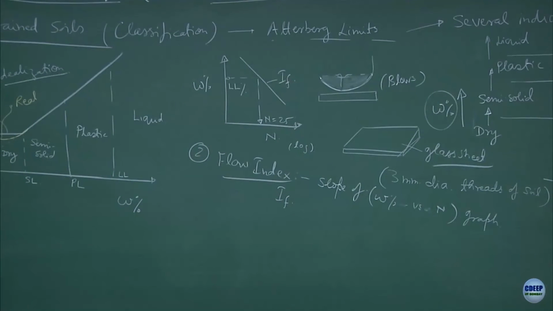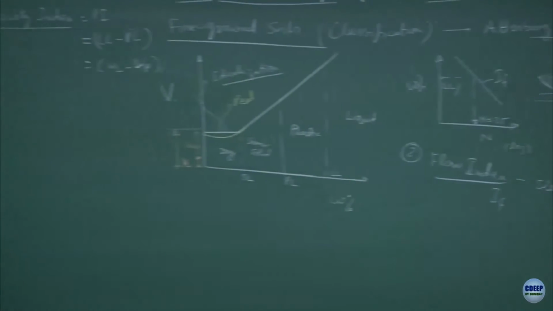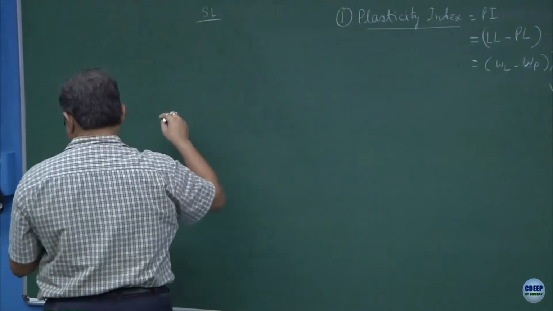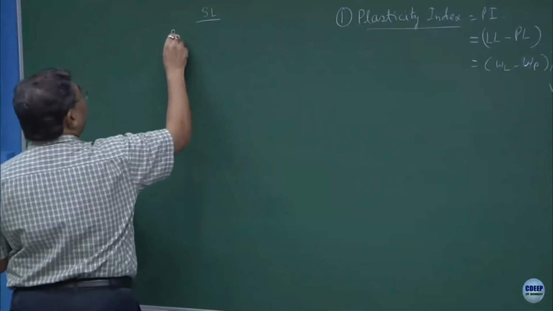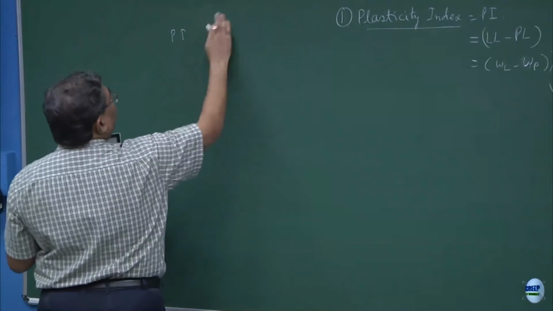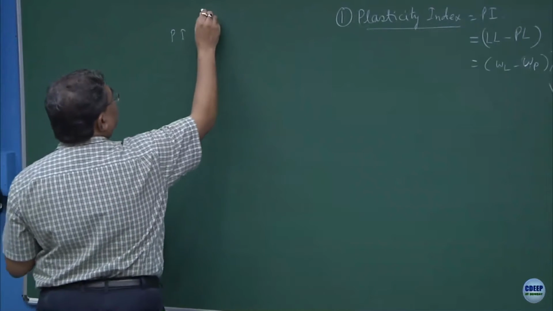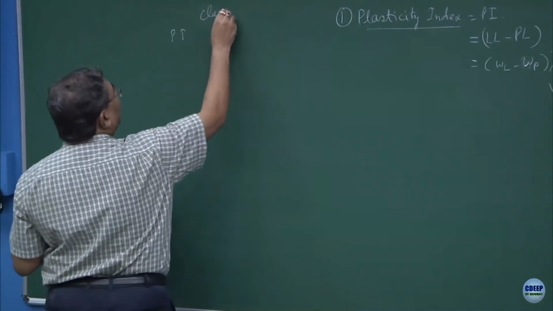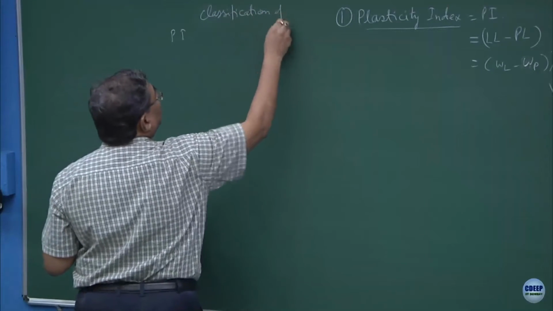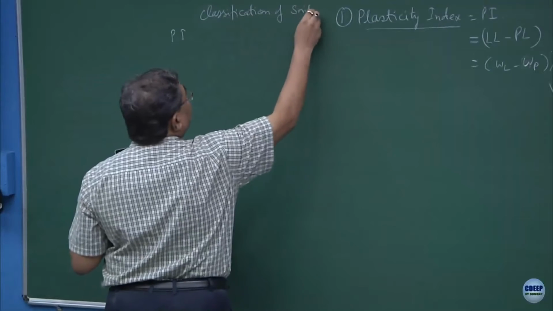Alright. Based on shrinkage limit, there is a classification of the soils, because shrinkage limit is normally used in engineering designs. Now, classification of the soil based on plasticity index, for fine grained soils, remember.